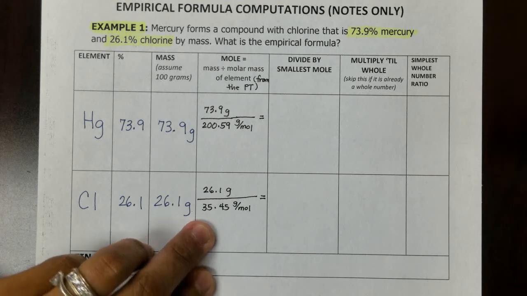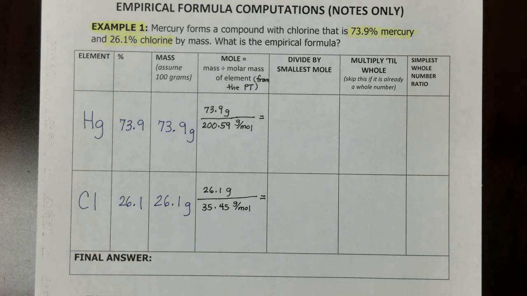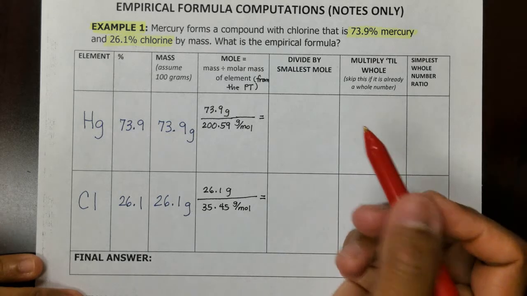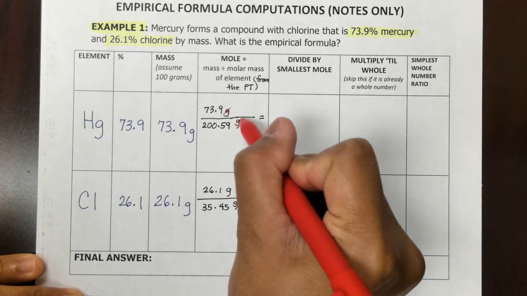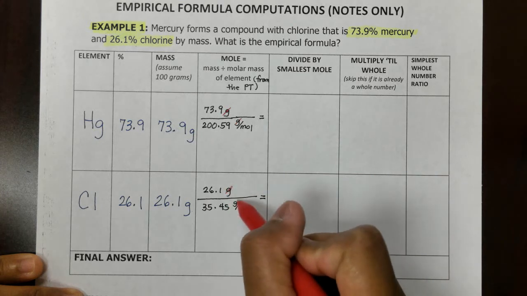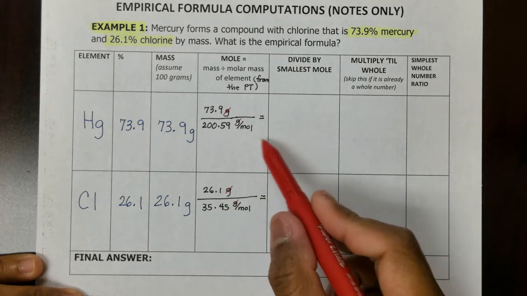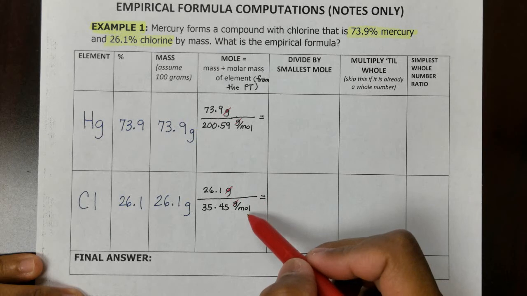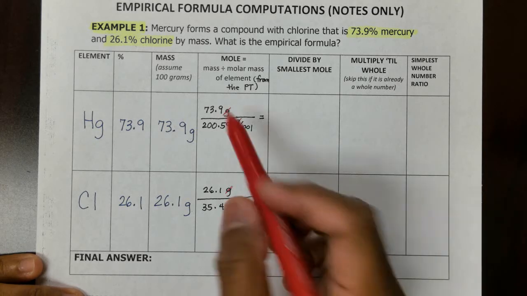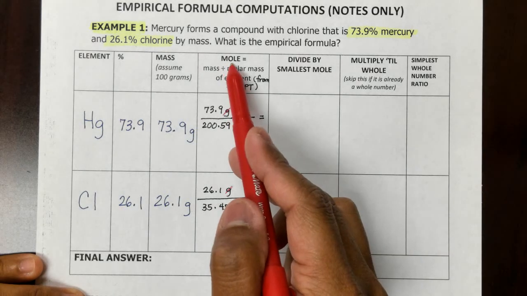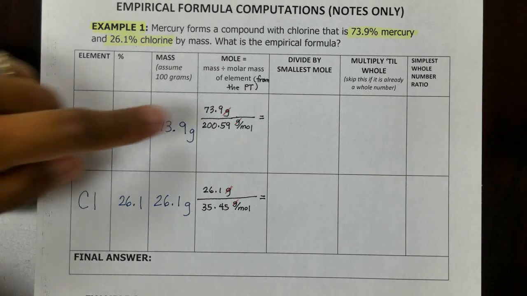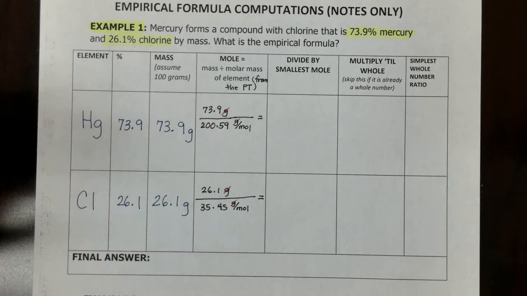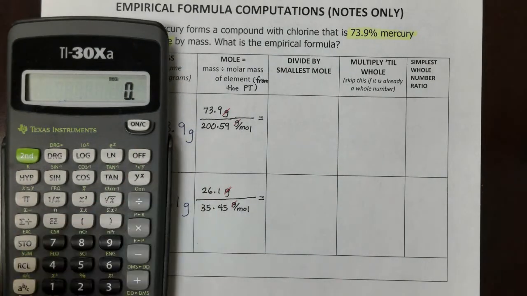So the units, obviously there will be a cancellation of units here because you're dividing grams over grams per mole. The g will cancel out, and also same thing here, so that the mole will be the unit that will be left for this particular calculation, and that's why it's called the mole step. We're getting the mole. So when you have put in place all your solutions, you're now ready to calculate it on the calculator.